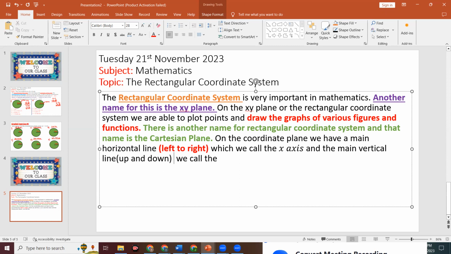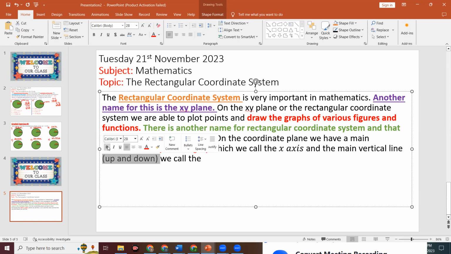So horizontal line goes from left to right. Vertical line goes up and down. The main horizontal line goes from left to right. The main vertical line goes up and down. All right. That's very important.